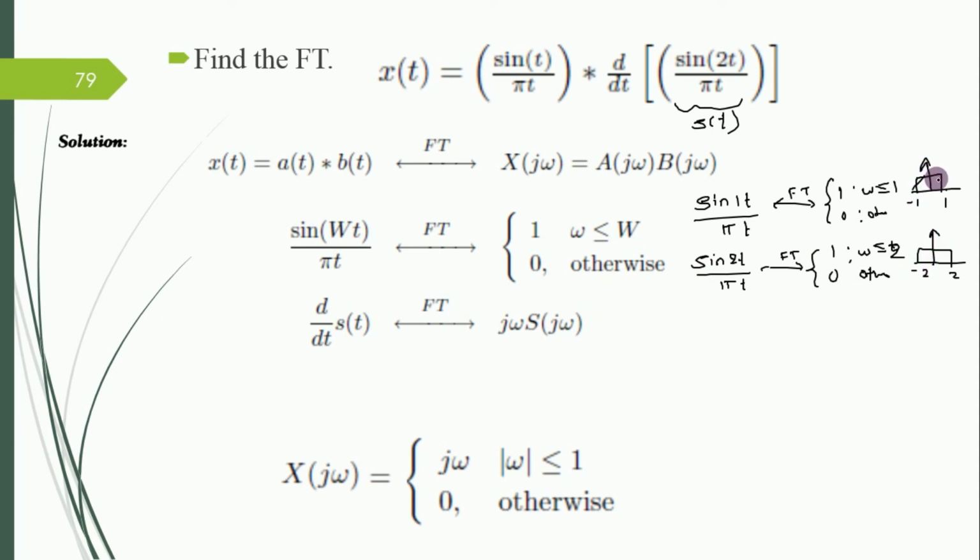What is that range? It's the same range because this is the overlap, minus 1 to 1. So I have to take the boundary of the first signal, that is omega less than 1, and multiply just j omega with it, because this comes with differentiation, hence the j omega component comes multiplied with that. That completes your Fourier transform of the given signal.